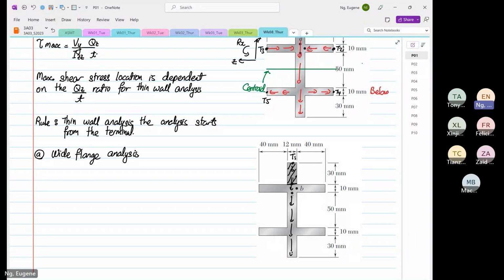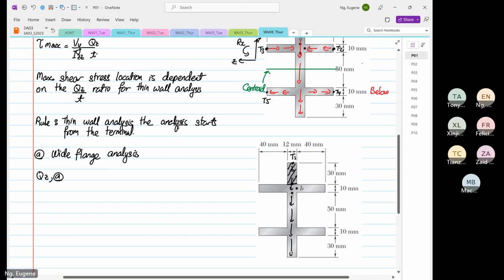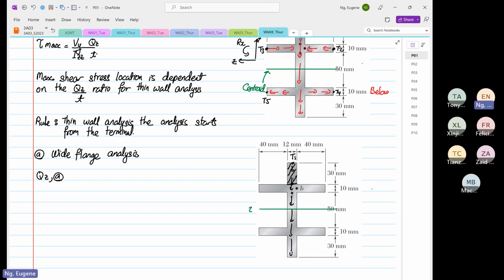So when this is the case, we can find the Qz at point A. I'm sketching the centroid, so this is our centroid, and also our zz line. So Qz at A. When there's z of interest, this is usually my width.